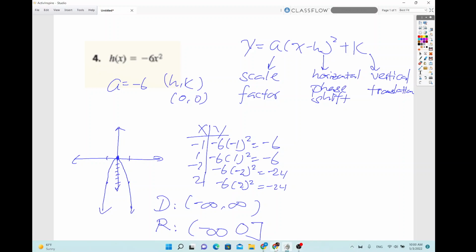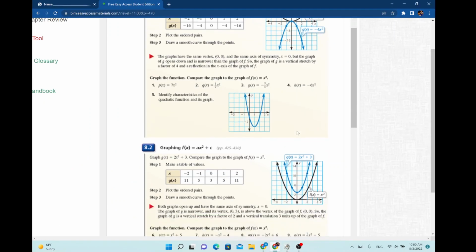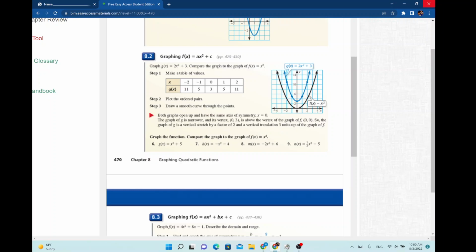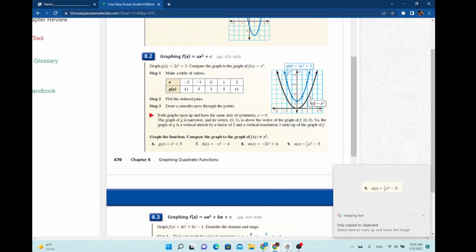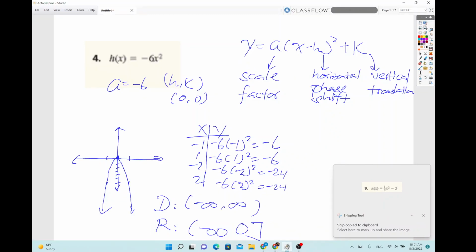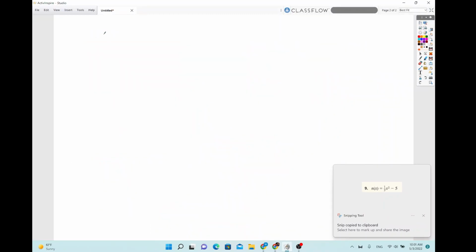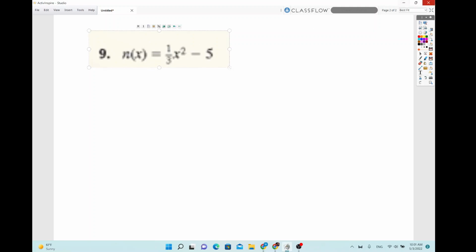Okay, so now let's see another example right here. This one involves a vertical translation, such as number 9. For number 9, again, compare and contrast, find the values of a, h, and k.